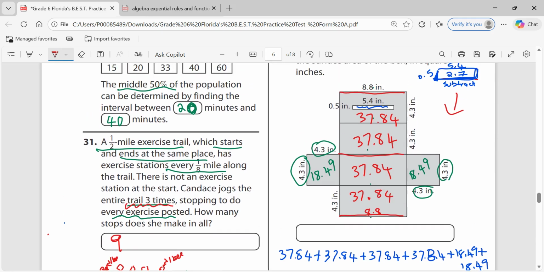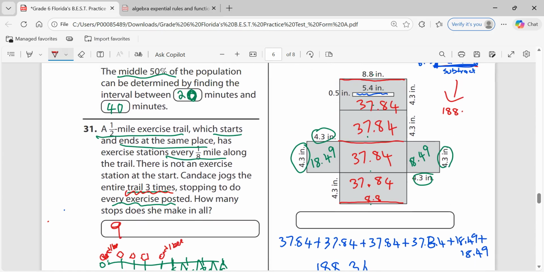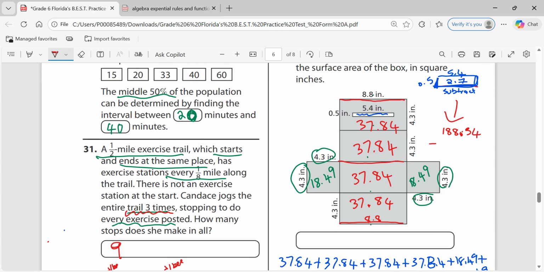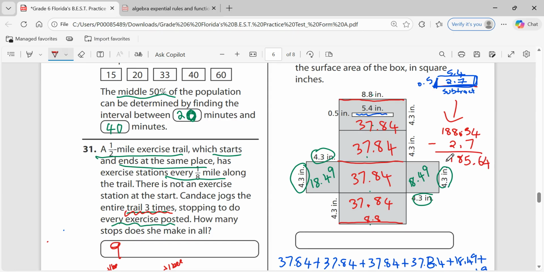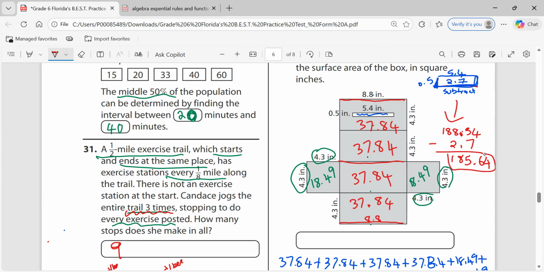So that's 188.34 minus the hole, which is 2.7. And that's going to give me my actual answer, which is 185.64.